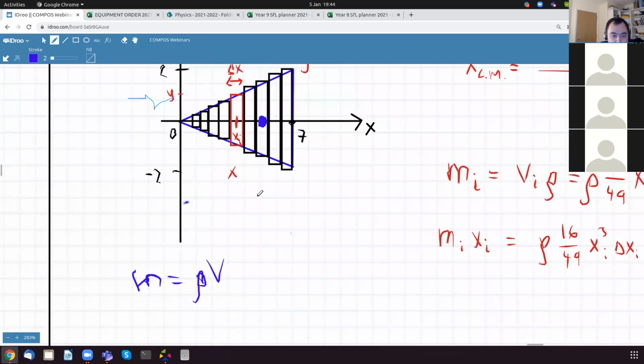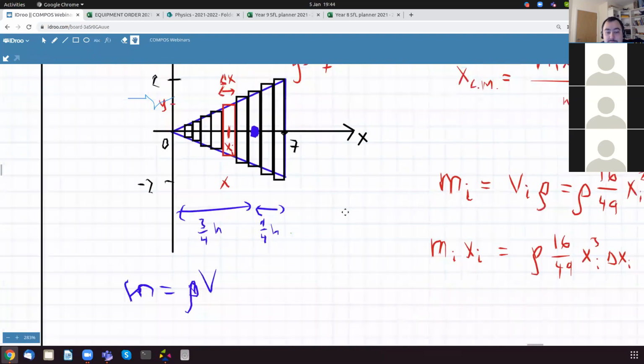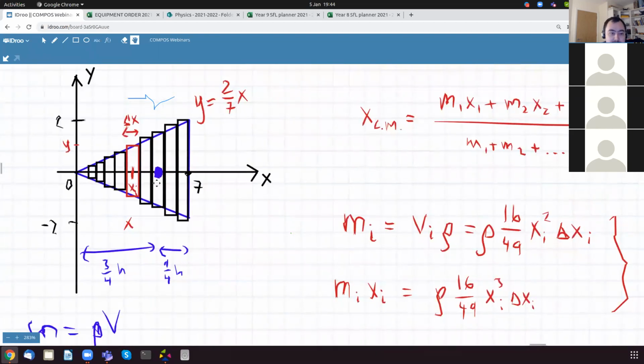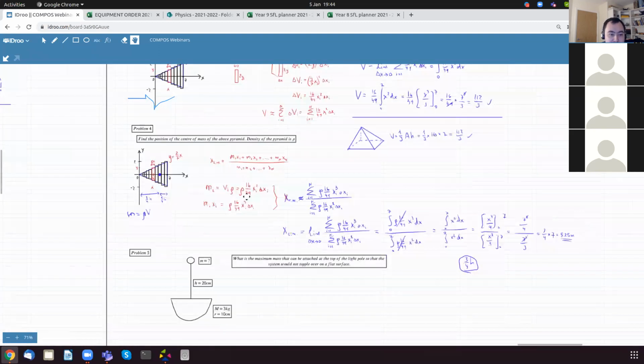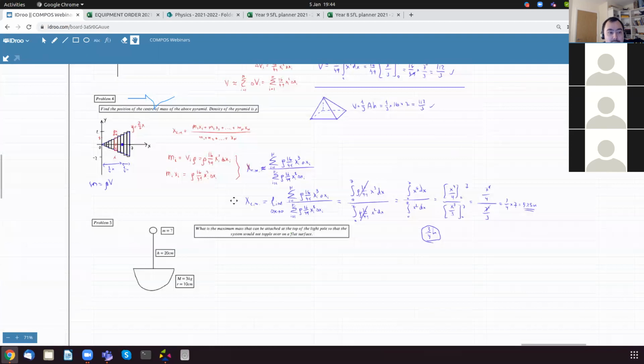So this is 3/4 of h, and this is 1/4 of h. And you can use this result for any square pyramid. It will all be the same. The center of mass of the square-based pyramid is 3/4 from the vertex, from the point.